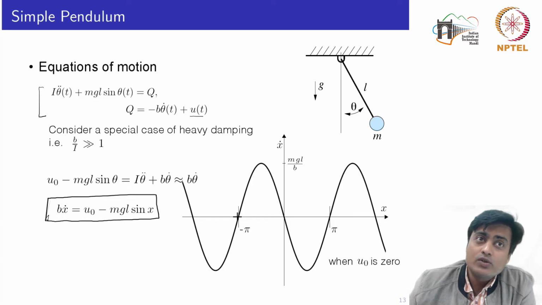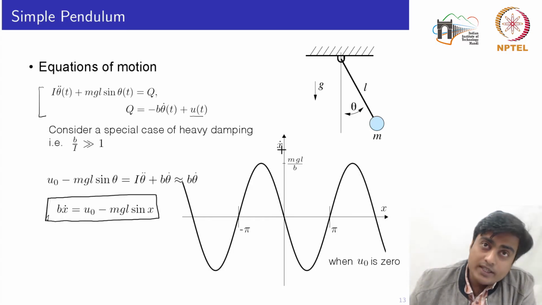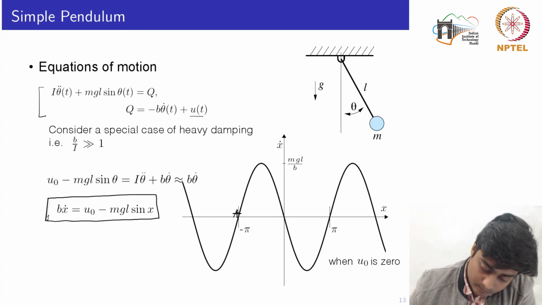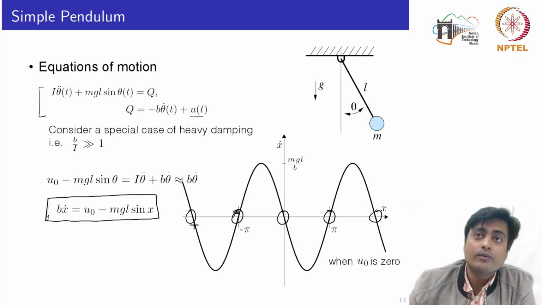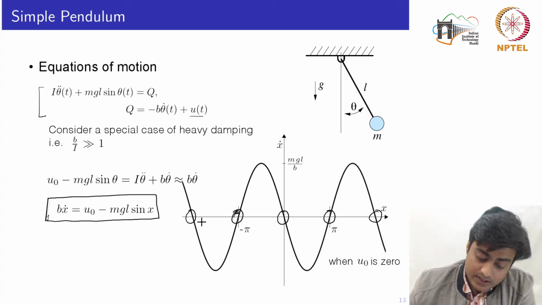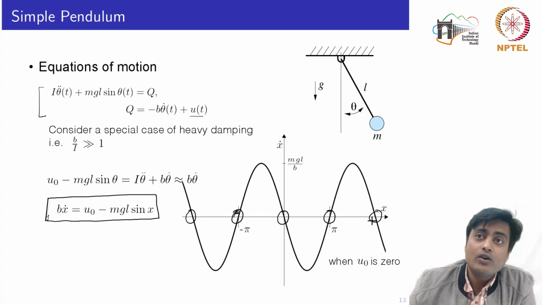By the steady state values, we mean those points where x dot becomes 0 in these equations of motion. If you take a close look at this picture, all these points are the points where x dot is equal to 0. So we are interested in seeing the stability of these steady states or the equilibrium points.